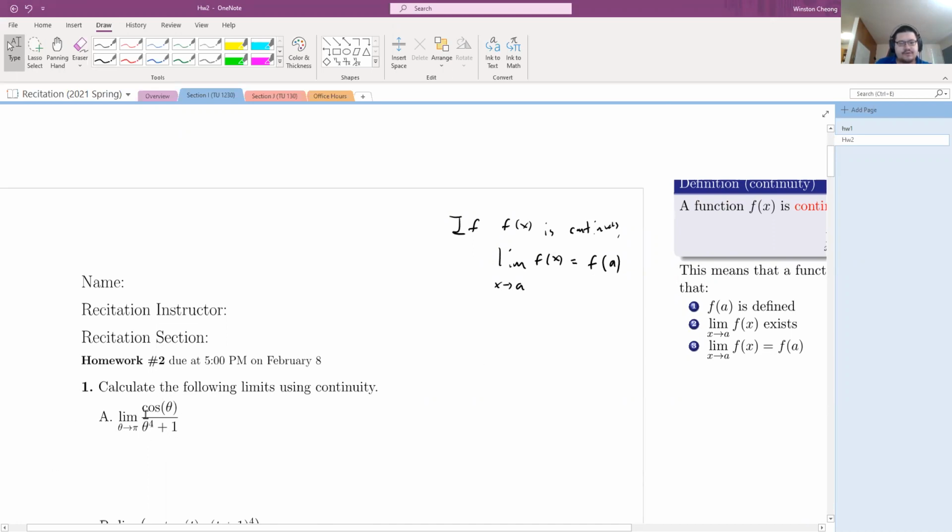The first thing to note is that this function is a continuous function. Cosine is a continuous function. This polynomial on the bottom is continuous, and division of continuous functions is also going to be a continuous function.